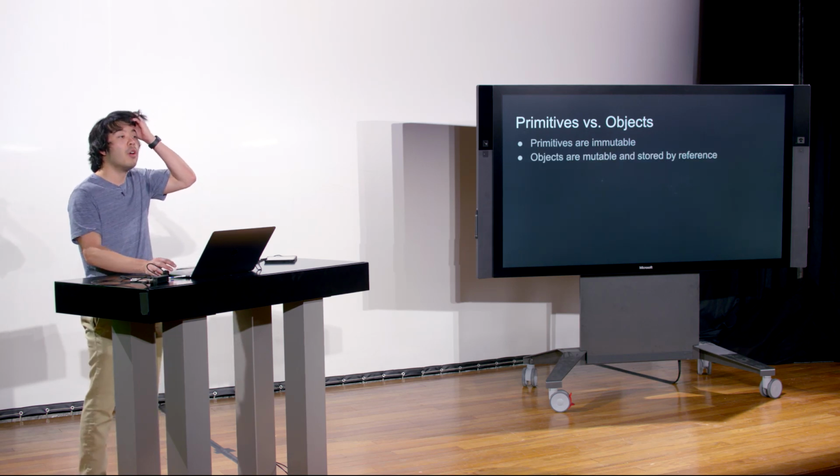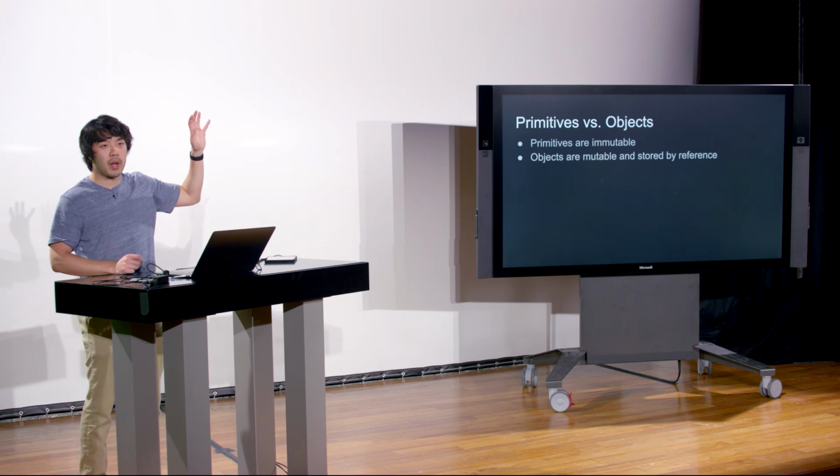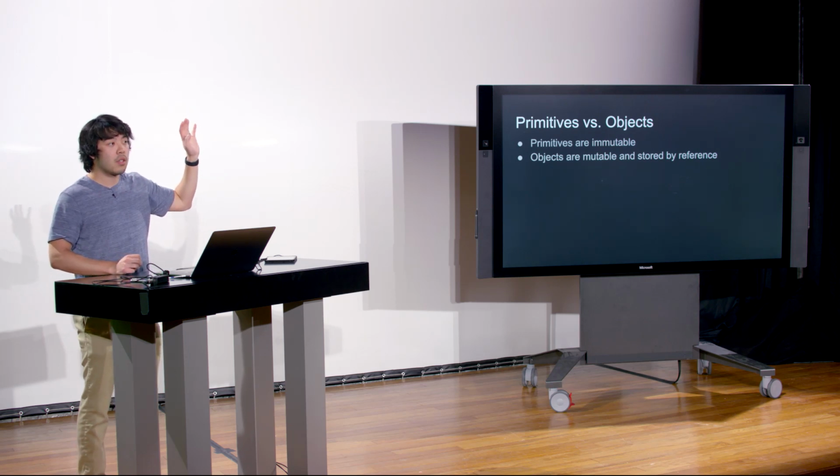They're actually mutable. So who knows what storing by reference means? So storing by reference means we actually store a reference to this object thing, and we can actually change what is held there without actually changing where that thing is located in memory. We'll talk a little bit more about that in a second.